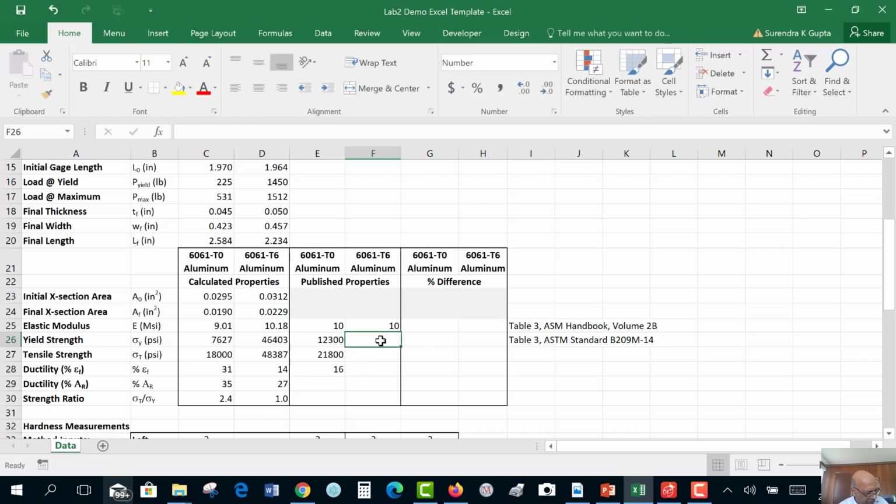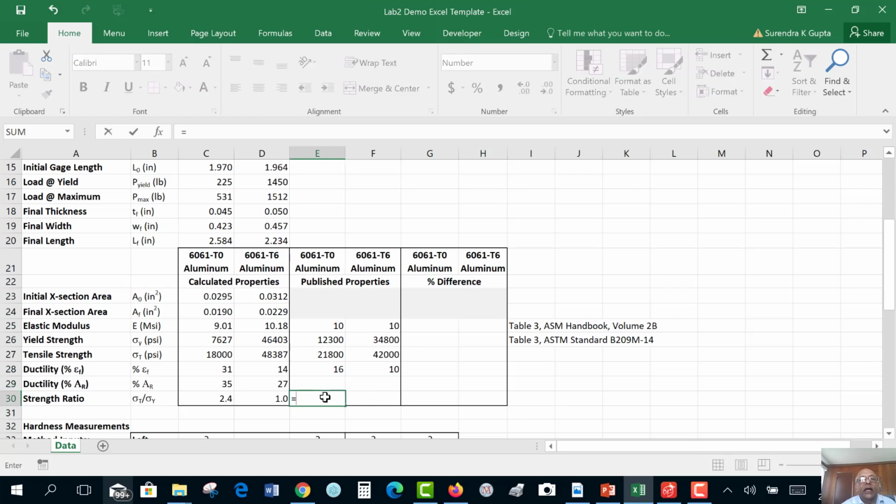Okay, here we have 34,800, 42,000, and then 10%. We didn't have percent area reduction listed there.